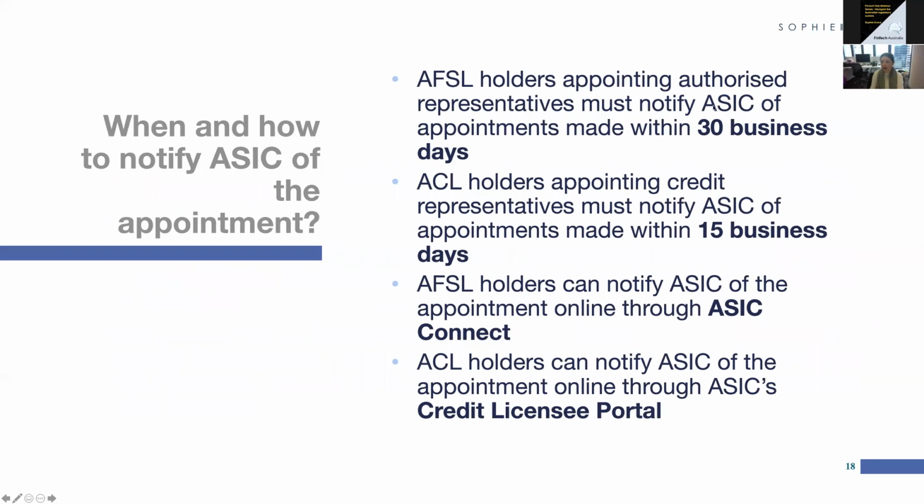So how do you notify ASIC of representative appointments? AFSL holders appointing authorised representatives must notify ASIC of their appointment within 30 business days via the ASIC Connect portal. ACL holders must notify ASIC of any credit representative appointments within 15 business days, and that's done through the credit licensee portal.